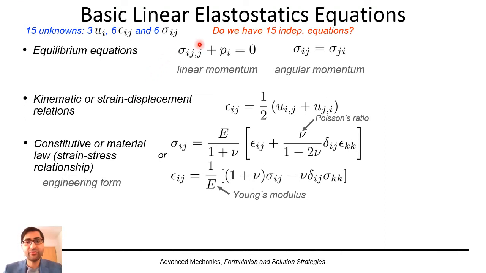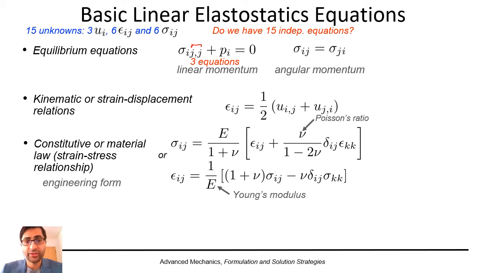Okay, let's see if we have the 15 independent equations for the 15 unknowns that we have. The linear momentum gives us 3 equations. So you know that j is a summation index, so the only free index is i, and i can have 3 values.